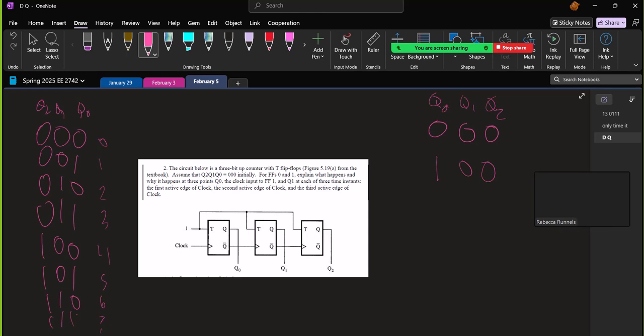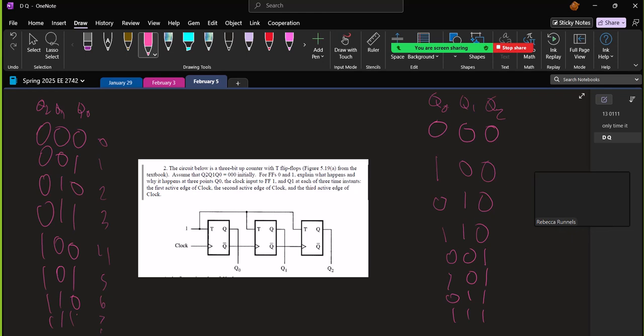So the way this one would count would be 1, 0, 0, and then 0, 1, 0, and then 1, 1, 0, and then 0, 0, 1, 1, 0, 1, 0, 1, 1, 1, 1, 1. So that's what it says. If it's an up counter, that's what it should do. We'll assume that they're not lying to us.